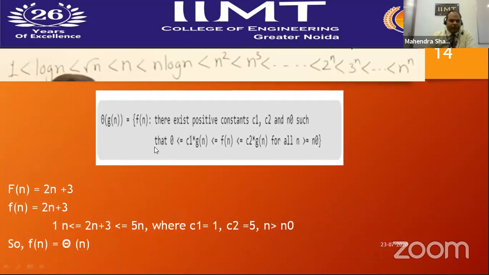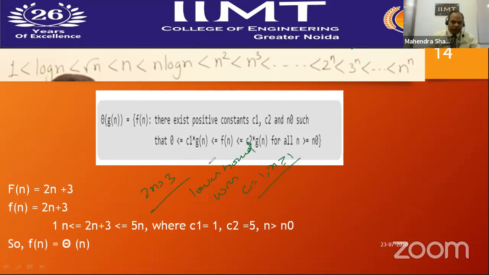Okay, so again I have taken the same example. As in the previous slide we have seen, for the lower bound of the equation 2n plus 3, the lower bound was c of 1 and n was greater than or equal to 1.